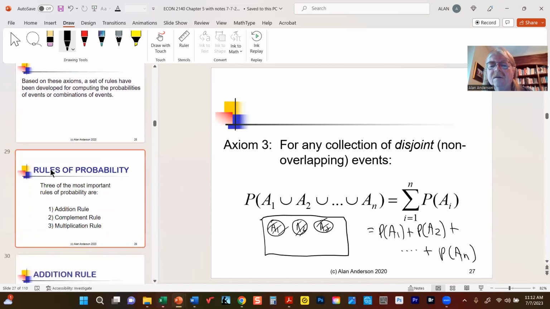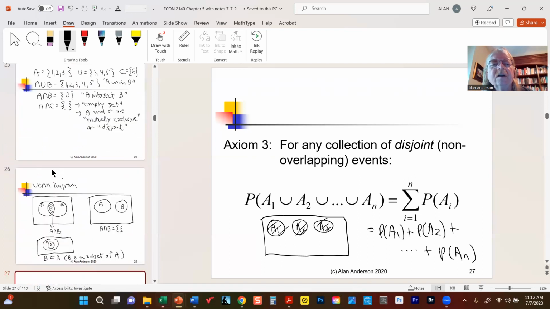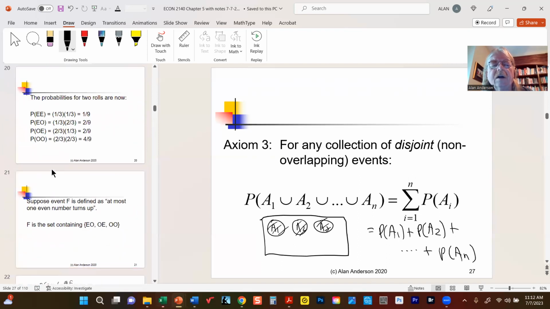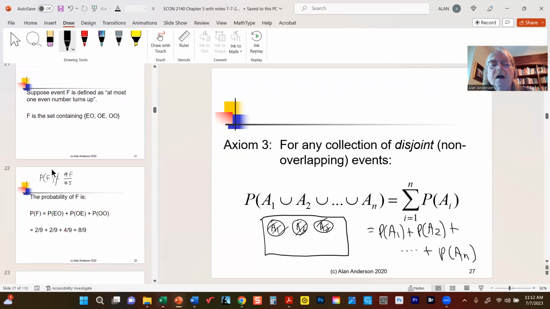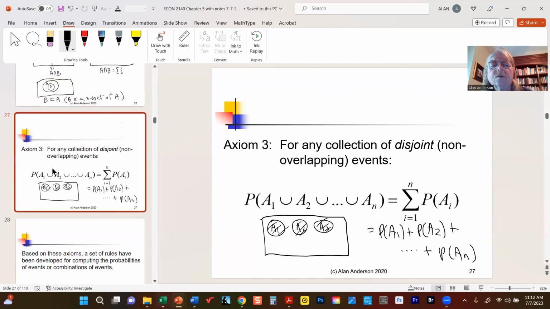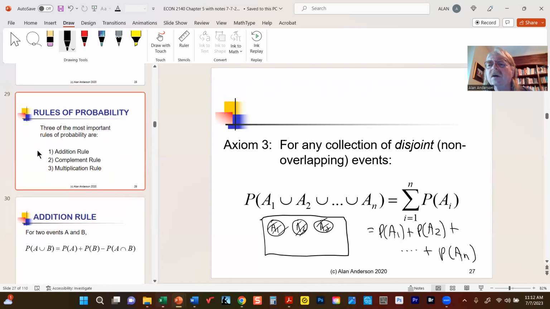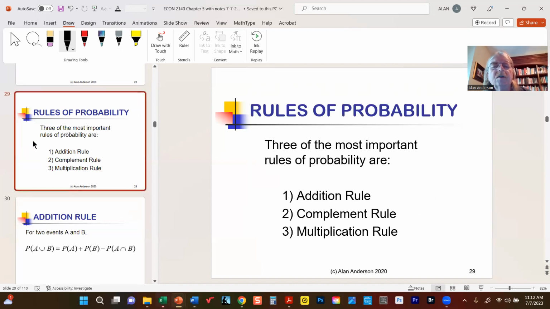All right, so far we've calculated probabilities for the outcomes of a random experiment. What we're about to see are the rules we can use to calculate more complex probabilities, where more than one thing may be happening at a time. Specifically, the rules are the addition rule, the complement rule, and the multiplication rule.